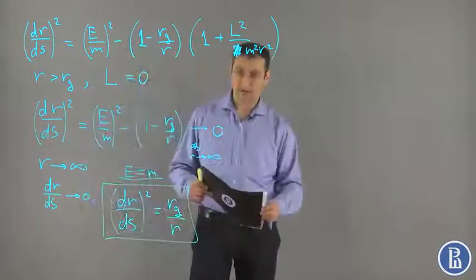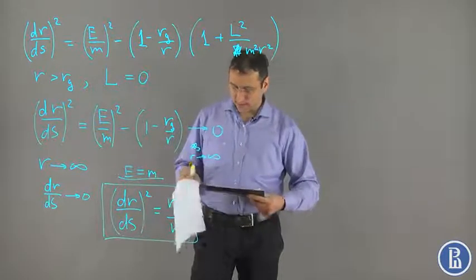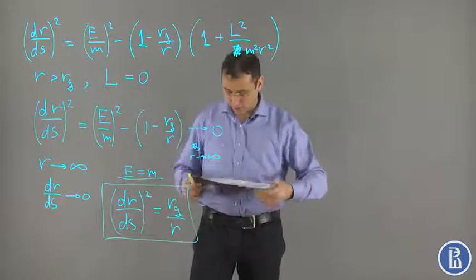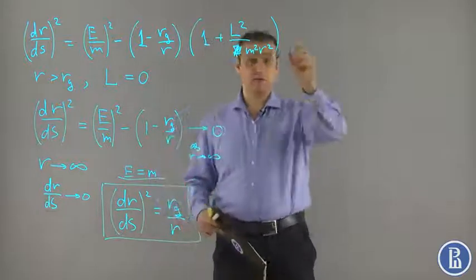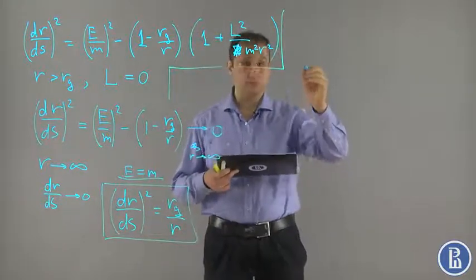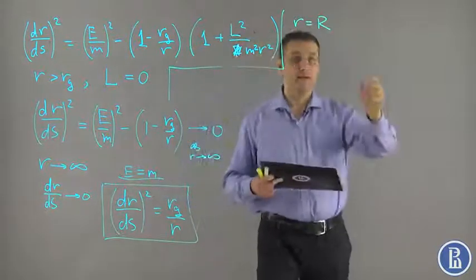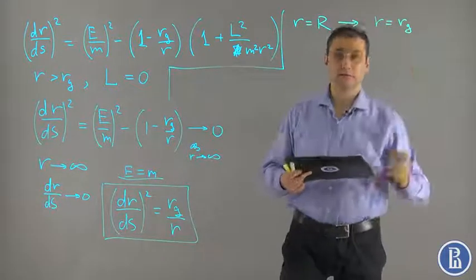Now we want to solve it to find how much proper time it takes for a particle to free fall from the radius r to the horizon, r equals r_g.